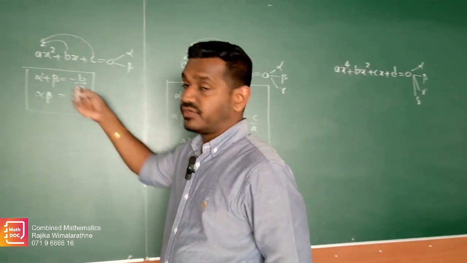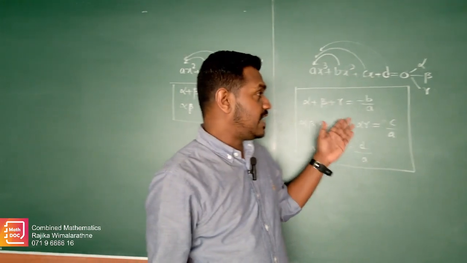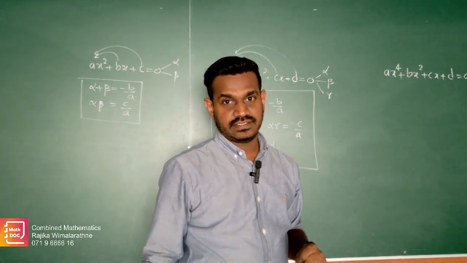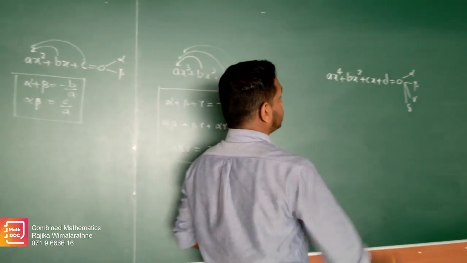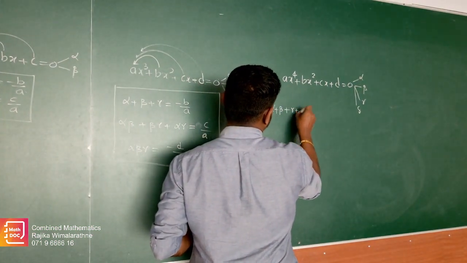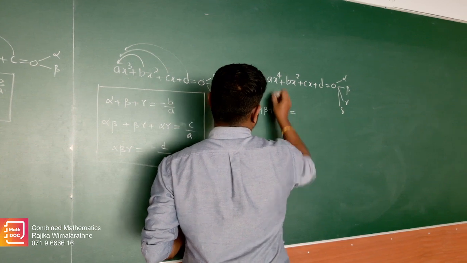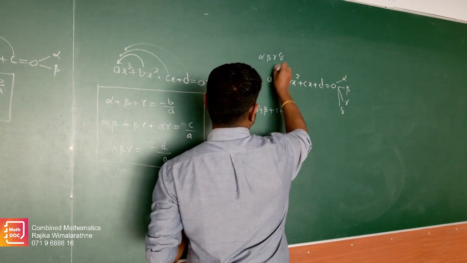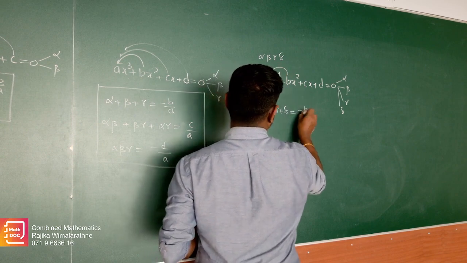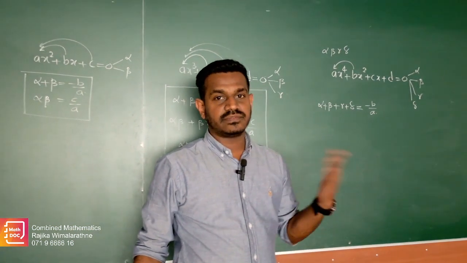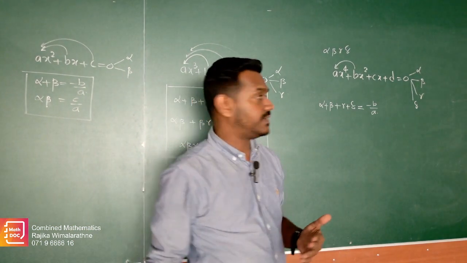For quadratic we have two relations, for cubic three relations, and for biquadratic there will be four relations. Alpha plus beta plus gamma plus delta equals minus b divided by a. Always remember the root sum is minus b divided by a.